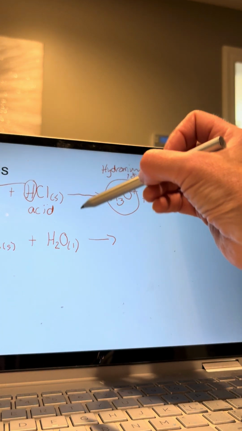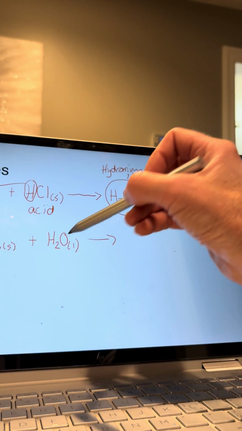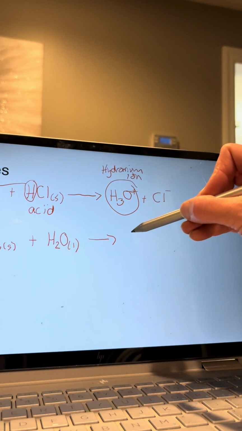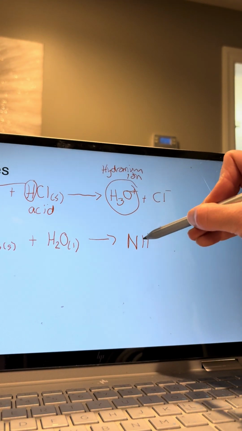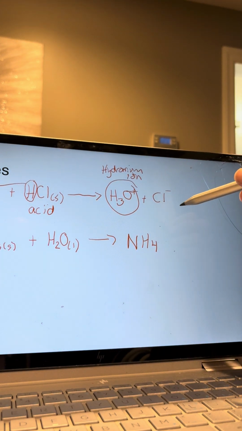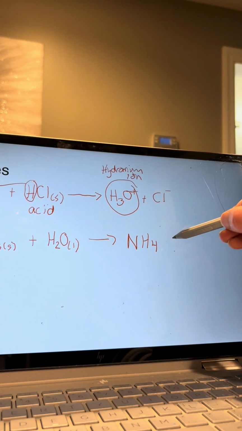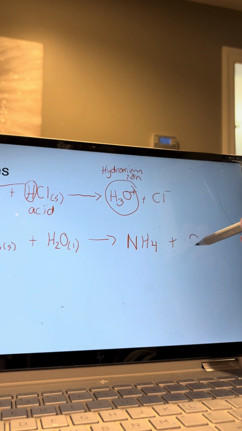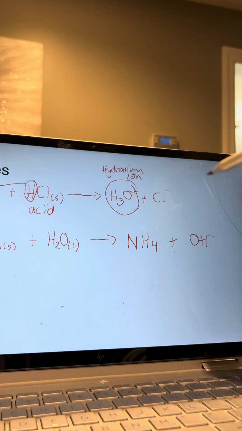So in this case here, the water is actually going to be donating a hydrogen, okay, to the ammonia, the ammonia creating ammonium and the hydroxide ion.